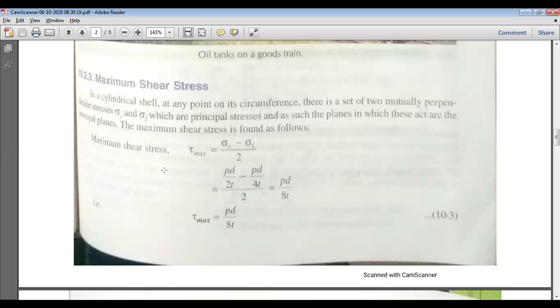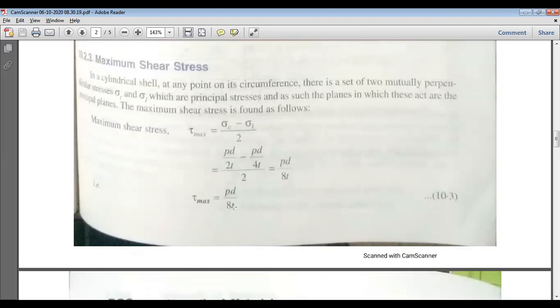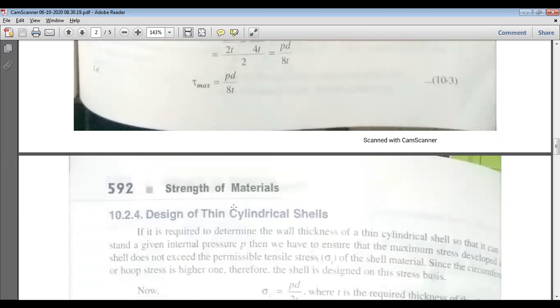The maximum shear stress can be taken as compressive stress minus longitudinal stress divided by 2, because we have just seen that the compressive stress is twice sigma L. Substituting this value, we will have maximum shear stress as PD by 8T. So this is the maximum shear stress that can be developed in a cylindrical shell.